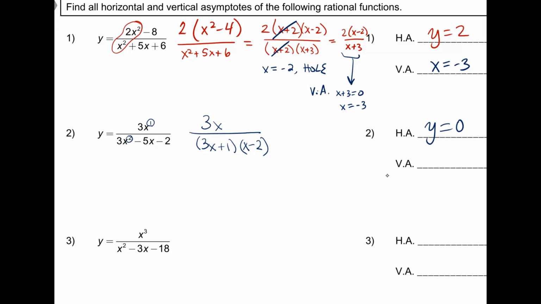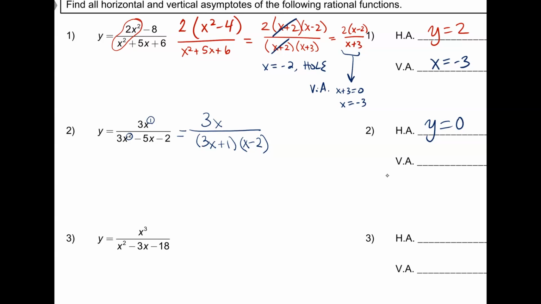Nothing cancels. So how many vertical asymptotes will I have? 2. And I have to set each of these equal to 0 and solve. Is that just 1/3? Negative 1/3.